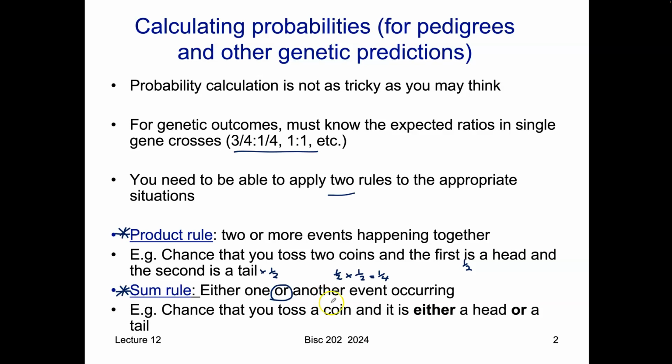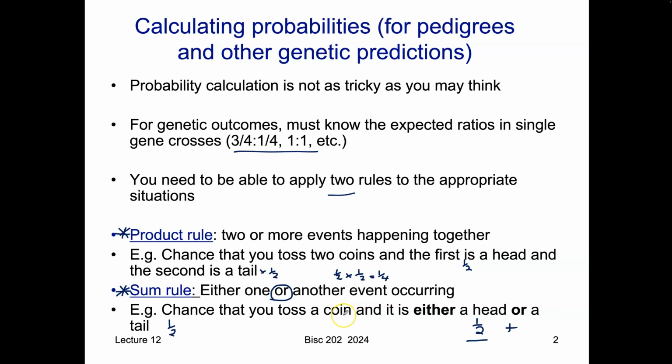In that case, you would add up the probabilities. So you add them. 1/2 chance of having a head or a 1/2 chance of having a tail.